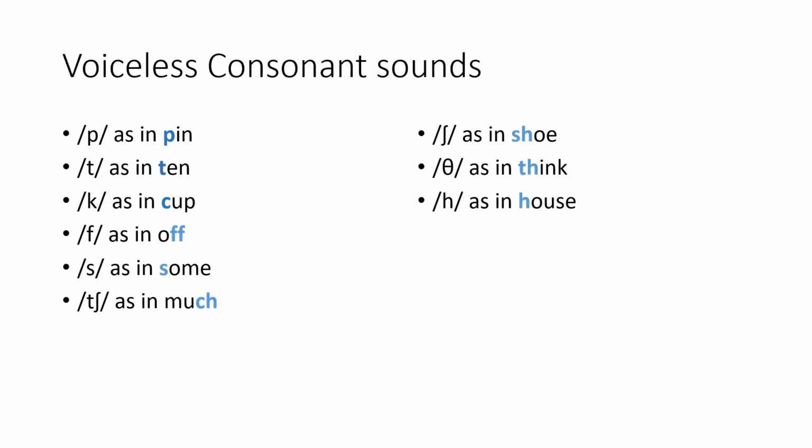Here are the voiceless consonant sounds. P as in pin, T as in ten, K as in cup, F as in off, S as in some, Ch as in much, Sh as in shoe, Th as in think, H as in house.